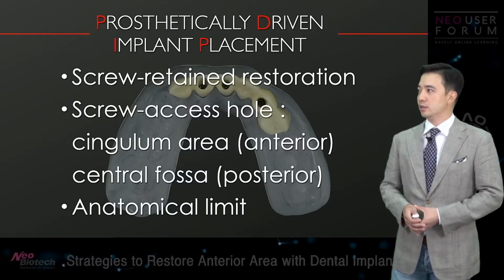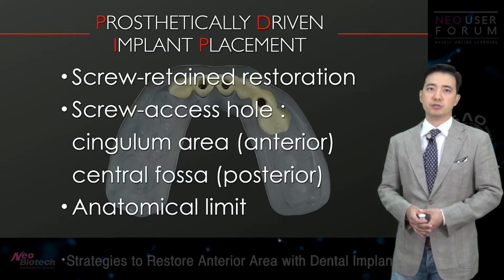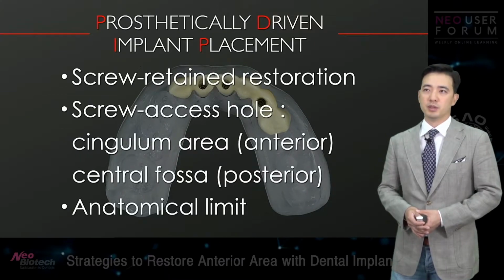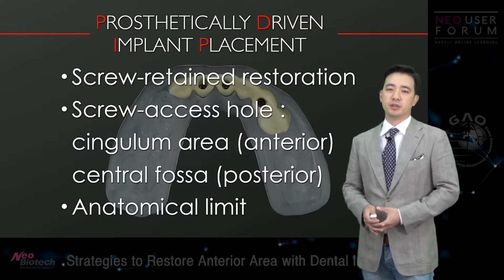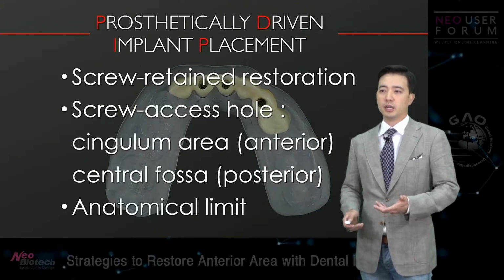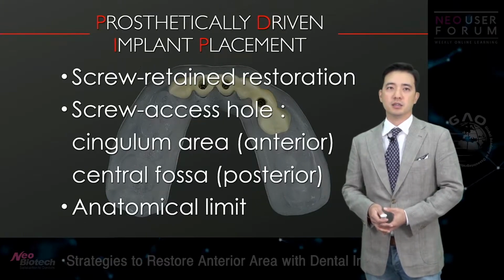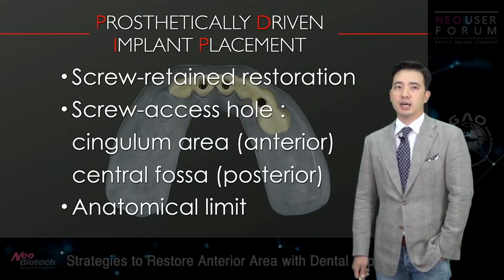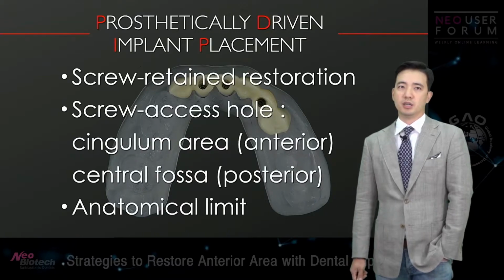So for example, I think in most cases we all agree that screw retained restorations are more favorable because they have better maintenance compared to cement retained restorations. So I think most people would prefer screw retained restoration over cement retained.